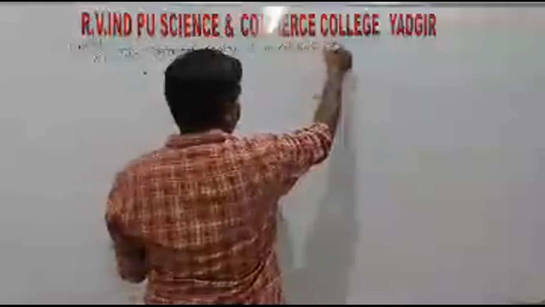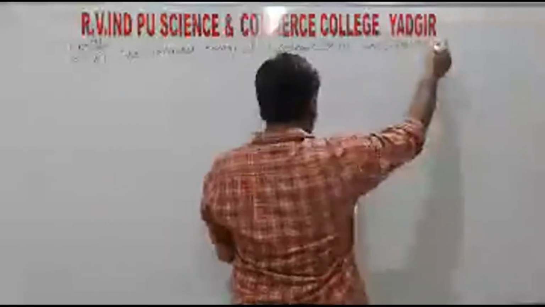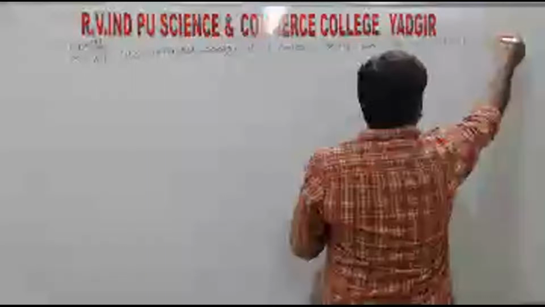So sixth problem. The potential energy of a certain spring when stretched through 10 centimeter is 5 joules.